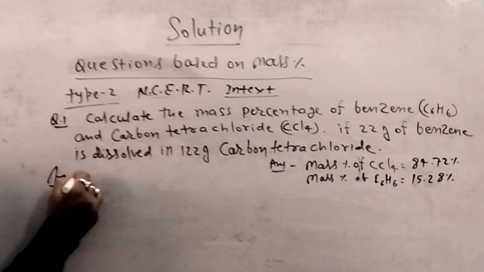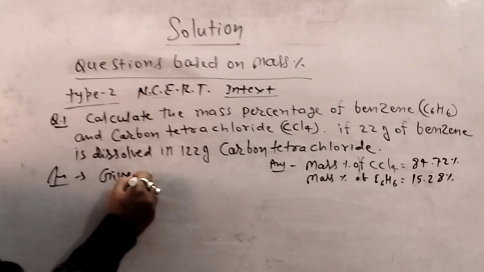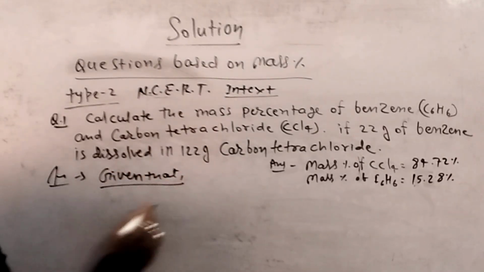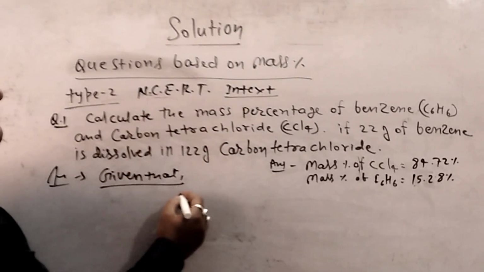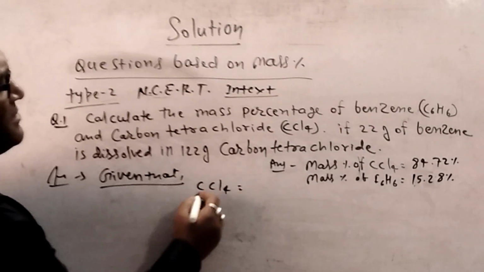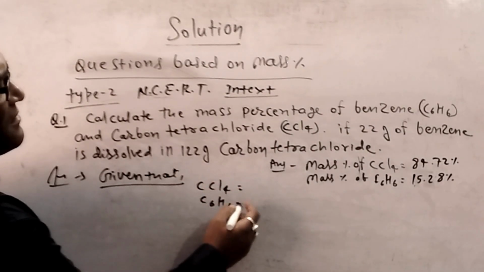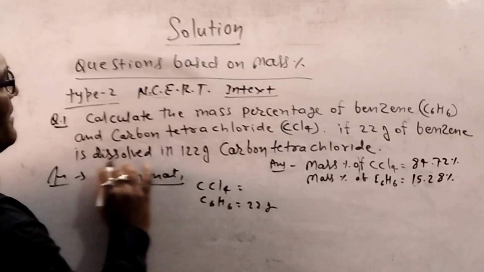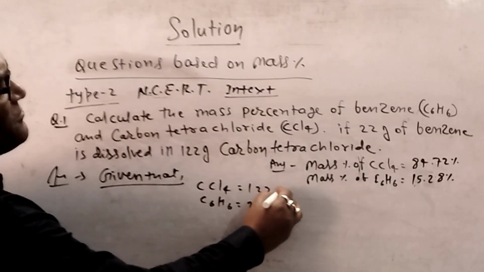First, we can write the given data from the question. CCl4 and benzene C6H6: 22 gram is benzene and CCl4 is 122 gram.